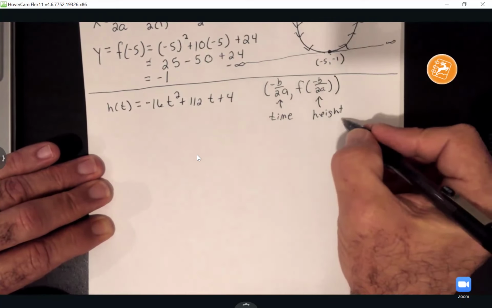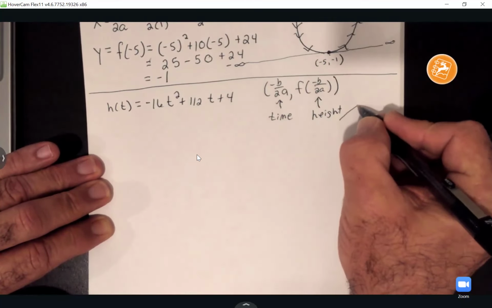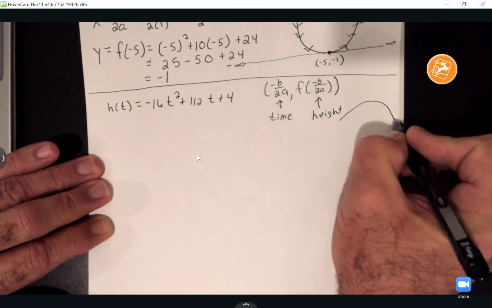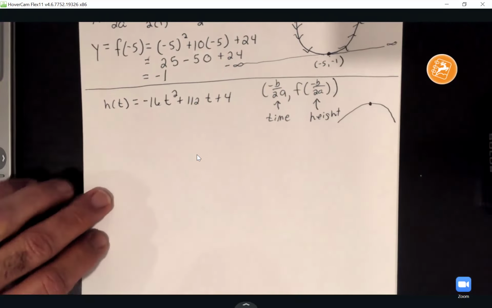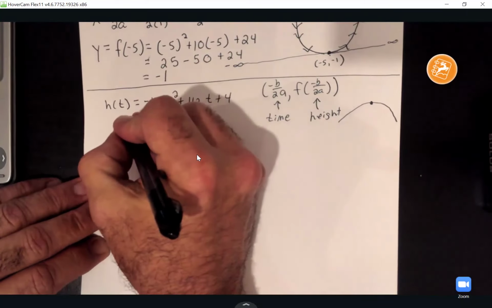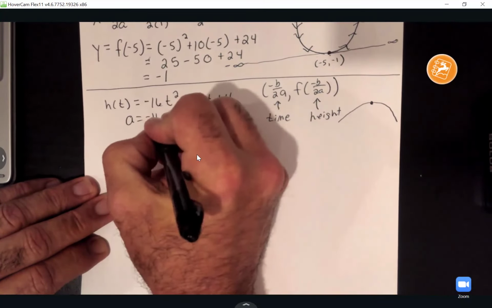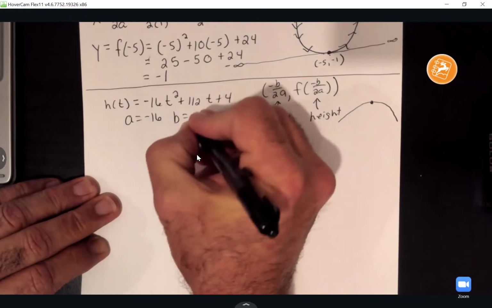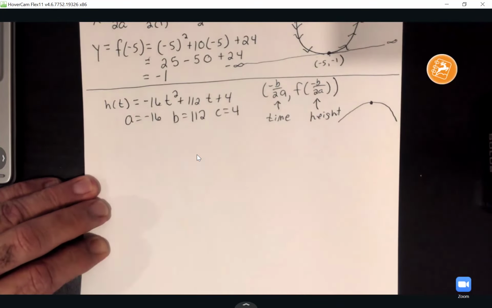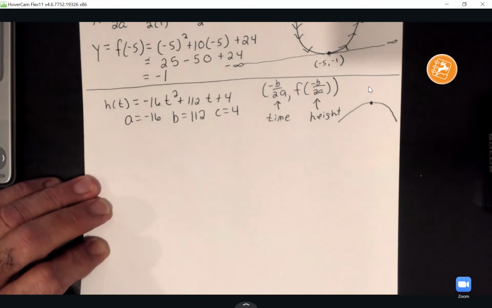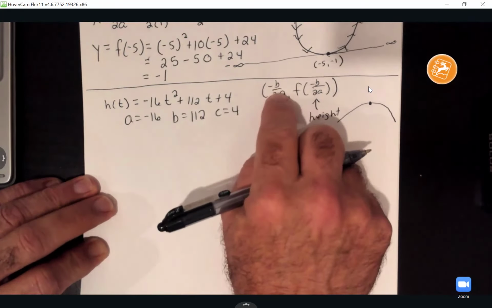So remember, we got a parabola. The rocket goes up, and then the rocket comes down. So we're looking for that little maximum peak right there. So y'all, we would find A, which is -16, B is 112, and C is 4. So first, let's see how long it's going to take by finding our x value.